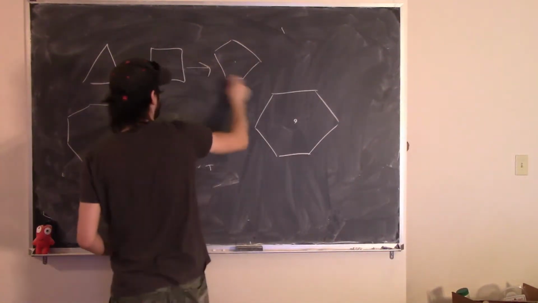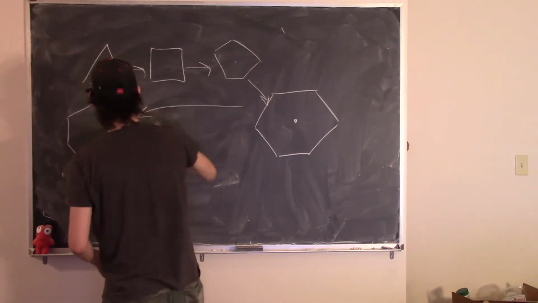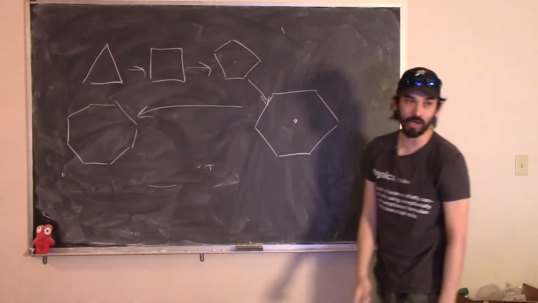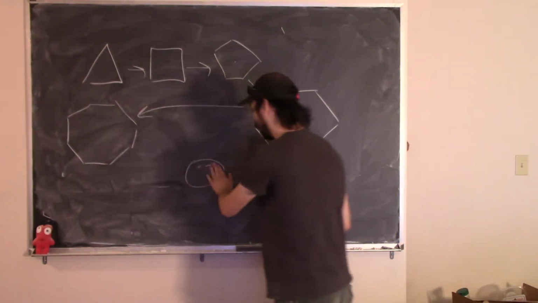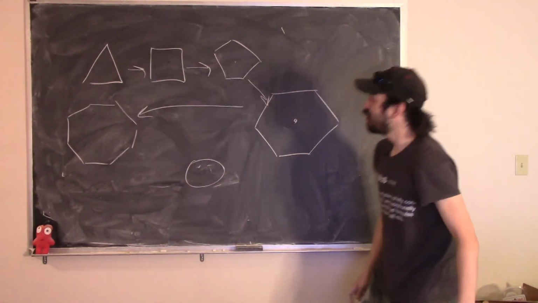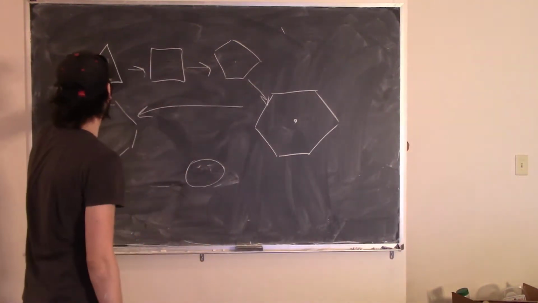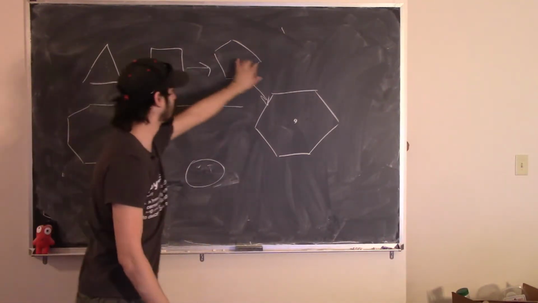So you go to some polygon with n sides that looks like a circle. And what would be interesting to show is find the pattern for what the magnetic field looks like for every one of these.